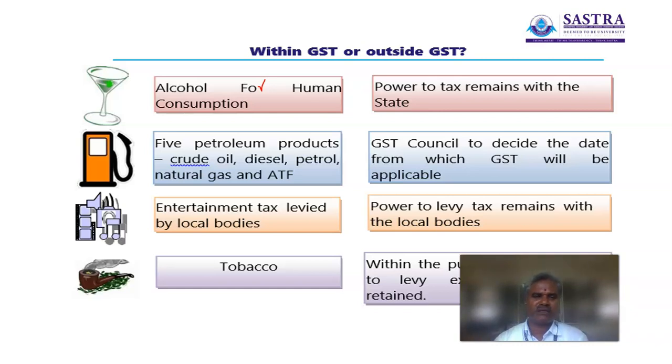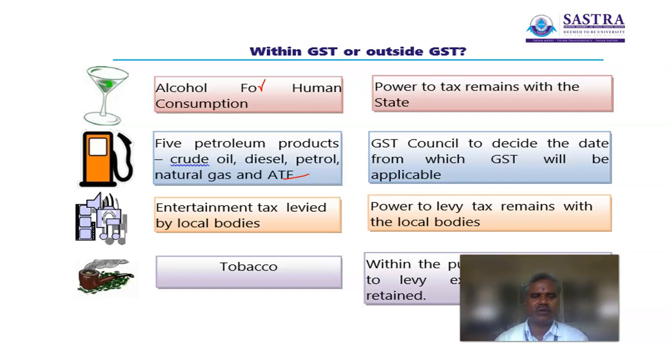Five petroleum products: crude oil, diesel, petrol, natural gas, and ATF. Aerated water. Here, it is used in aeroplanes. All are not coming under the GST, but they are not exempt.